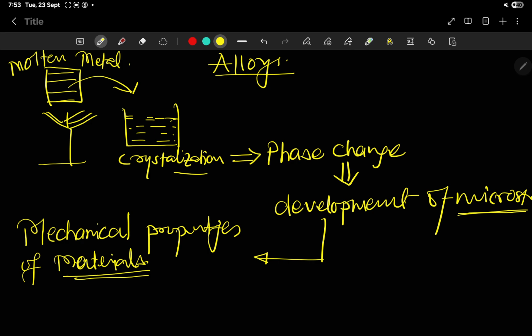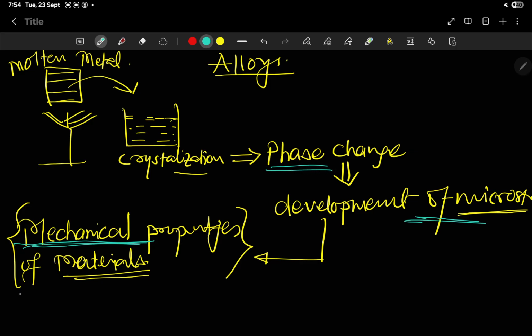So this is how, if we want to improve mechanical properties, this is just one property we are talking about. We are more concerned about mechanical properties, so we have to tune its microstructure, and microstructure is governed by phase change, right?